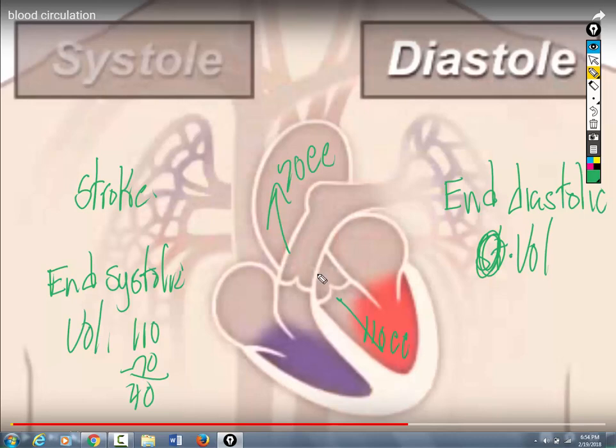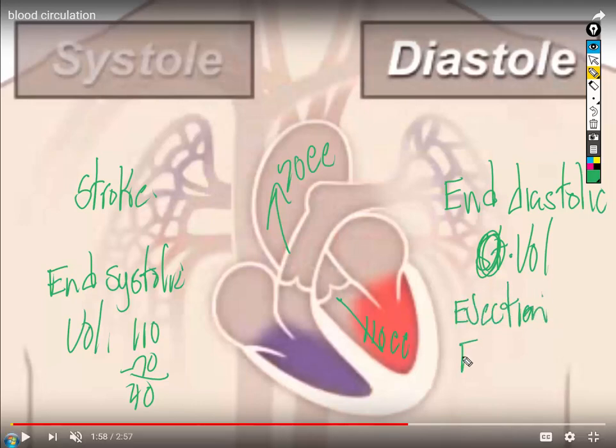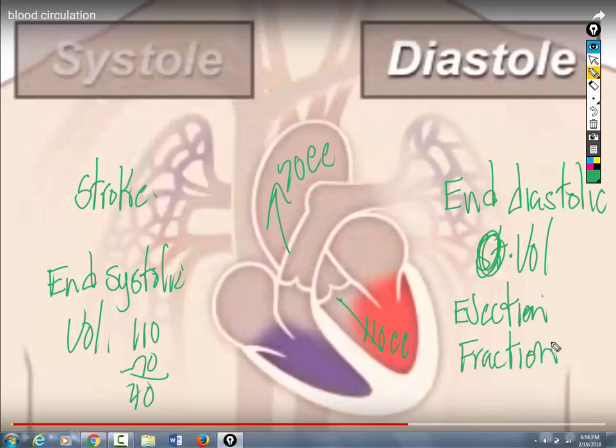So what the doctor wants to do is determine whether or not the heart, in particular the left ventricle, is functioning efficiently. So they look at this concept called ejection fraction. An ejection fraction is a measurement of the efficiency of the pumping mechanism of that left ventricle. And it's abbreviated EF.